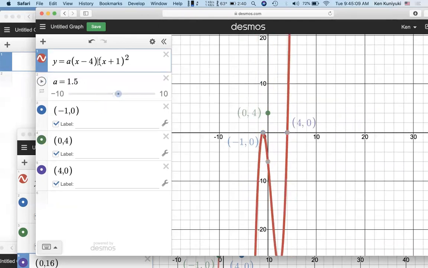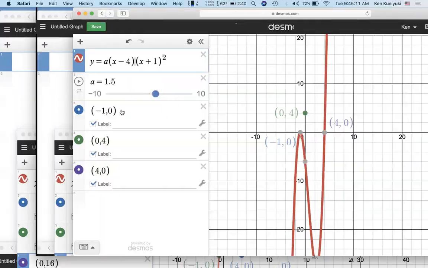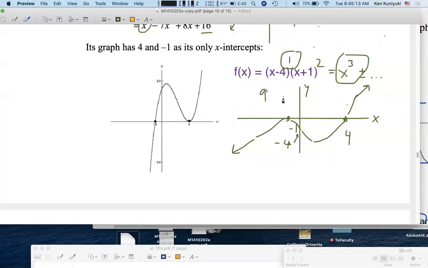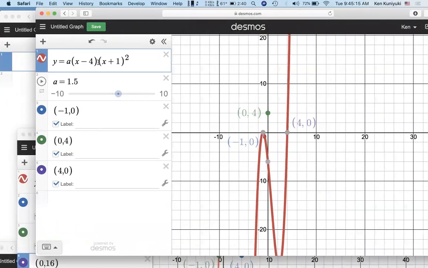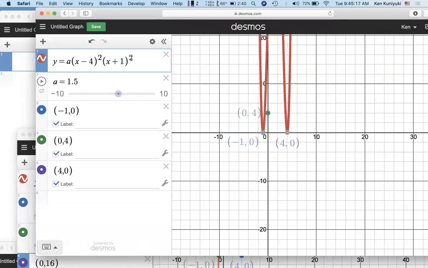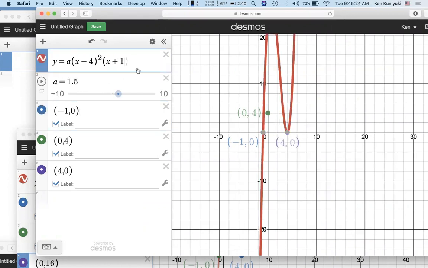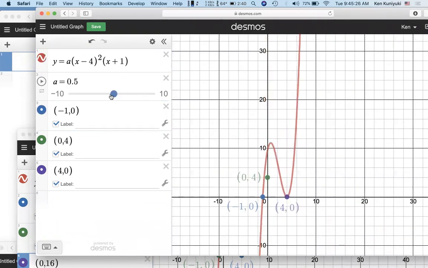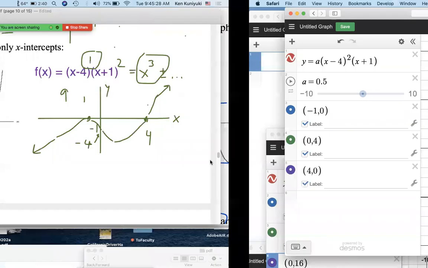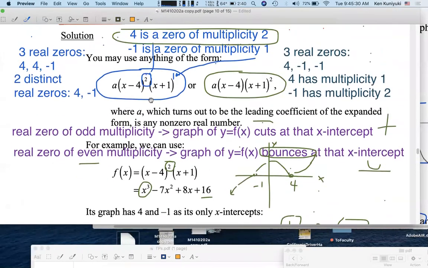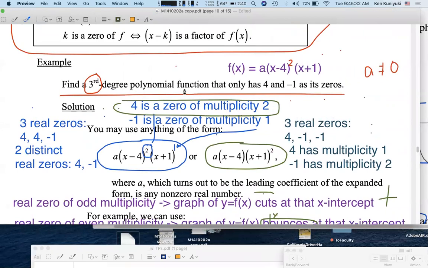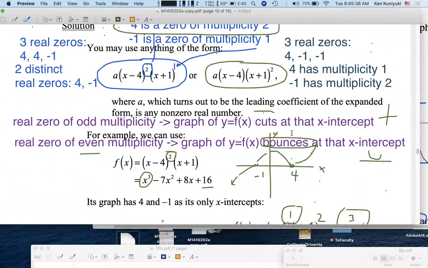If I put the square over here, we get those other guys. So let's do that. I'll put the square over here. So we get all these guys. And together, these form all the possibilities that will satisfy these specifications: a third-degree polynomial function in x with only 4 and -1 as zeros. We looked at all the possibilities.